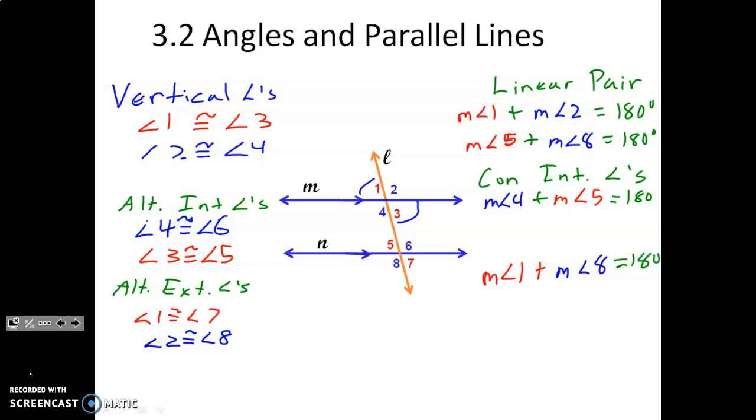And this is only true when lines M and N are parallel to each other. Okay, that has to be true. But these are same side or consecutive same side exterior angles.